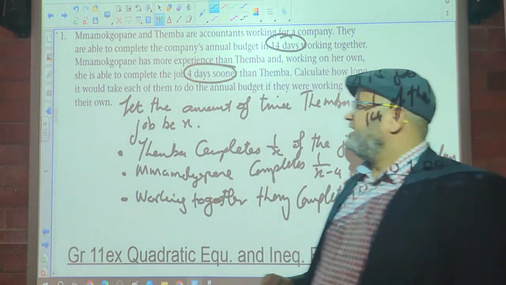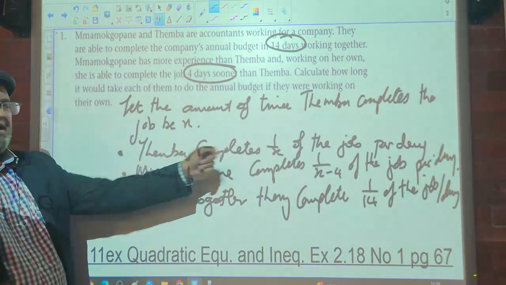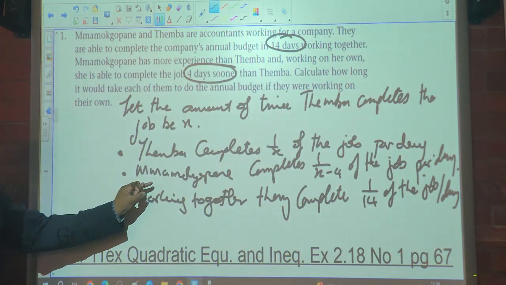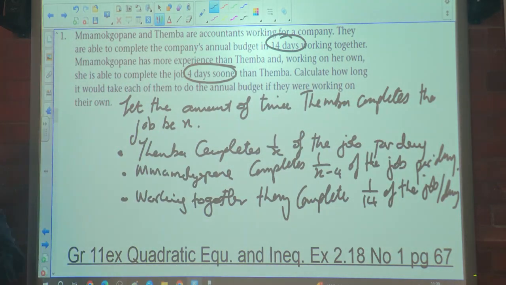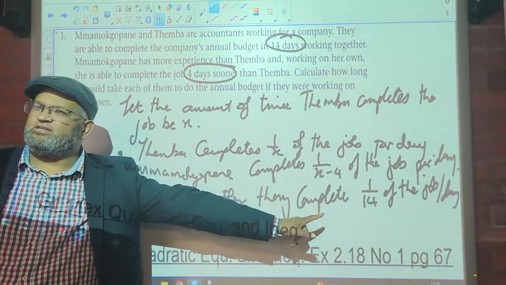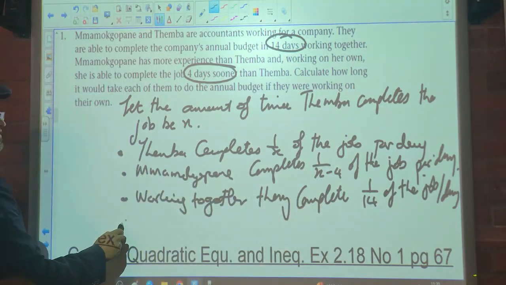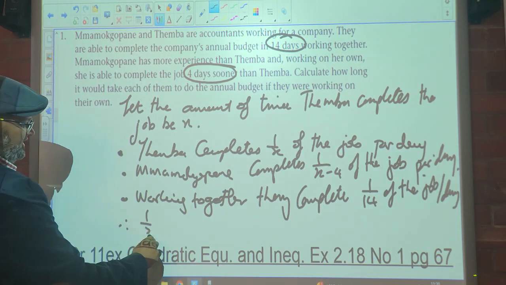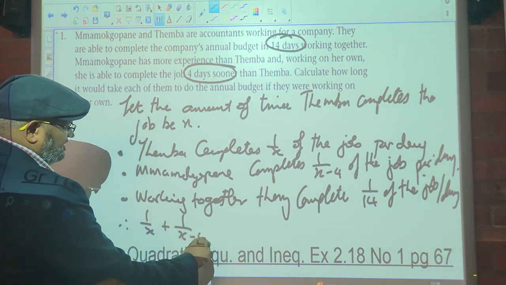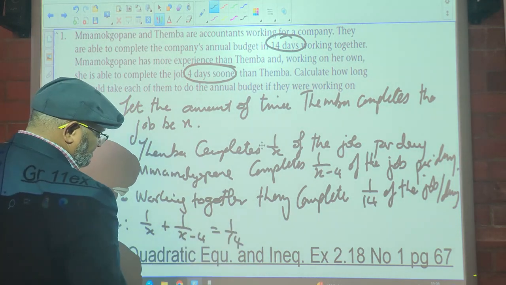So which means to say, if we add what Temba covers per day and what the company covers per day, and you add together, you should get 1 over 14. Not so. So therefore my equation now reads 1 over x plus 1 over x minus 4 is equal to 1 over 14.